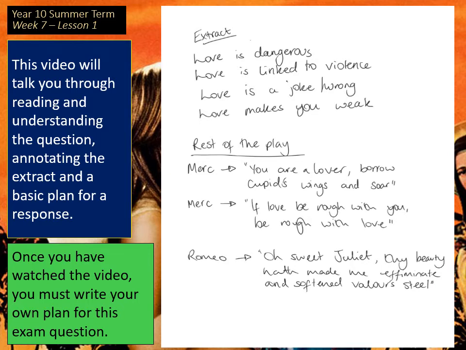Okay, so I could use that as well to explore this idea of love making you weak at another moment in the play. So what we've got here is an essay. We've got a full response here that we can start planning.